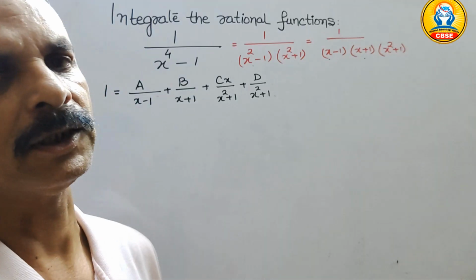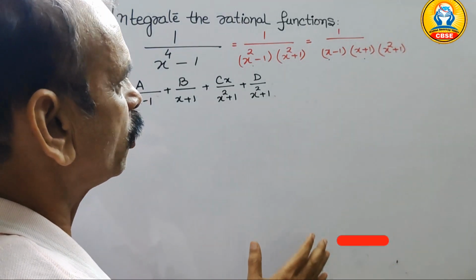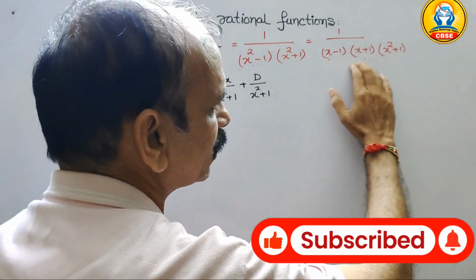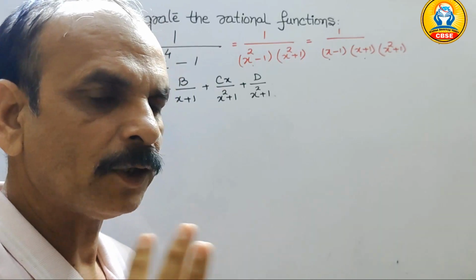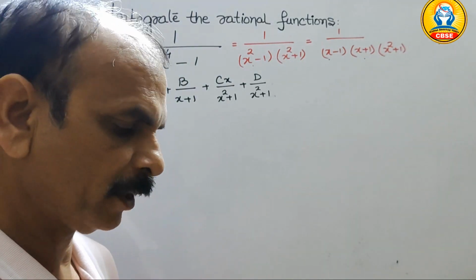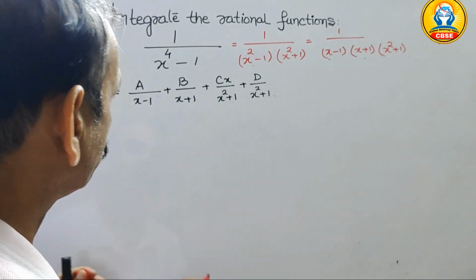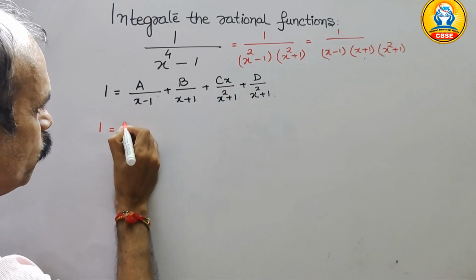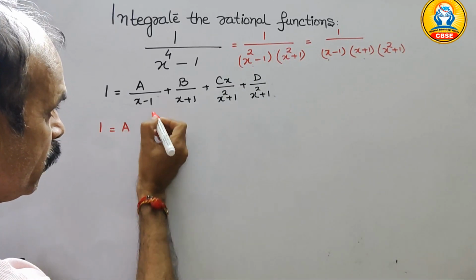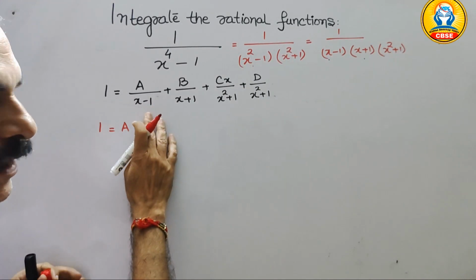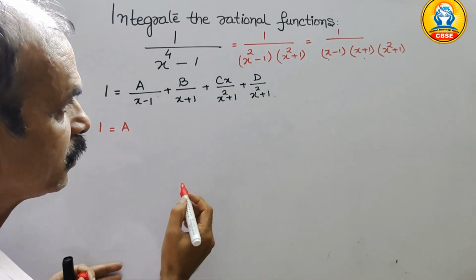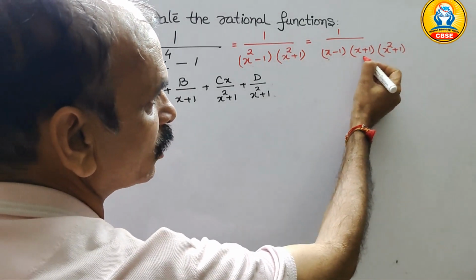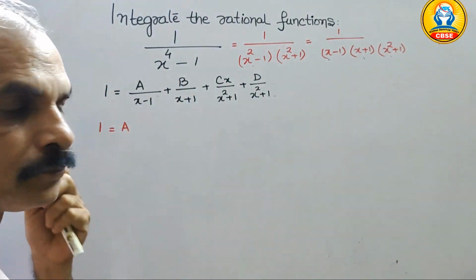Now we will take the LCM. So LCM is nothing but this value. Now try to solve with respect to your numerator. Here the numerator is 1, so we will write 1 is equal to A. Here x minus 1 is there, that means we have to multiply A with these two values.